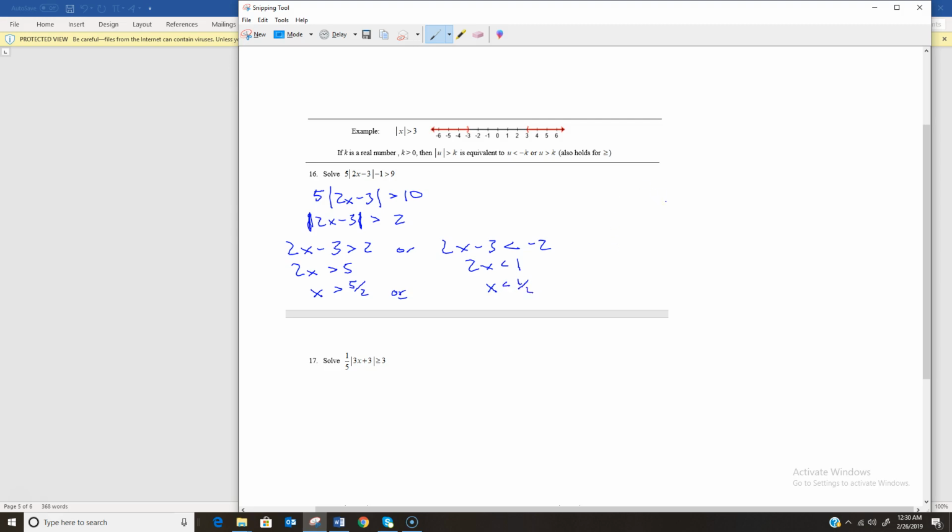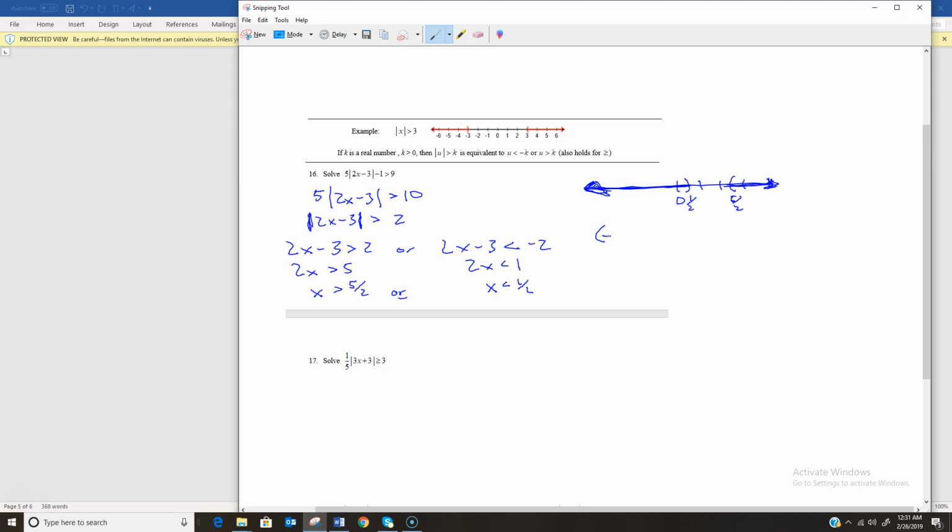So when I go to graph this, the x's that will work are anything that's bigger than 5 halves, which is like 2.5. So as long as it's bigger than 5 halves, it'll work, or less than 1 half. So I get these two just disjoint parts of the graph.